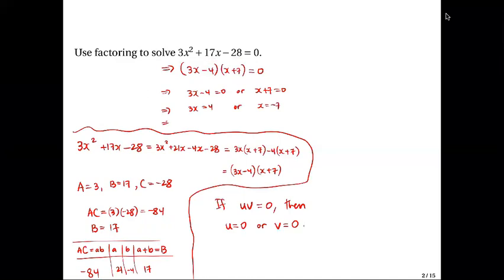For the first one, let's just write it as x equals 4 over 3. The other one is just fine. So here we have the two solutions.